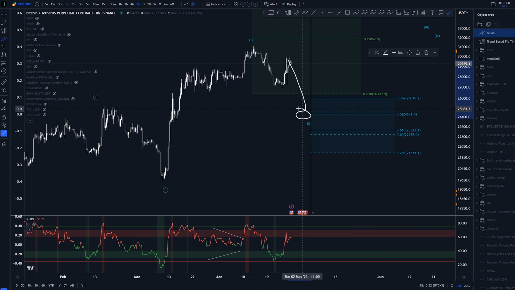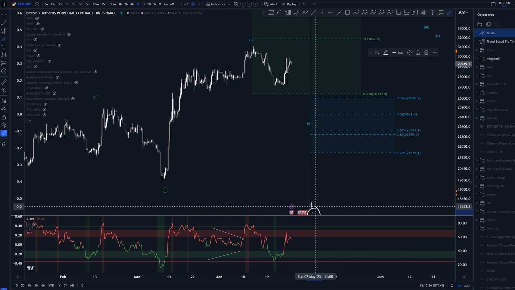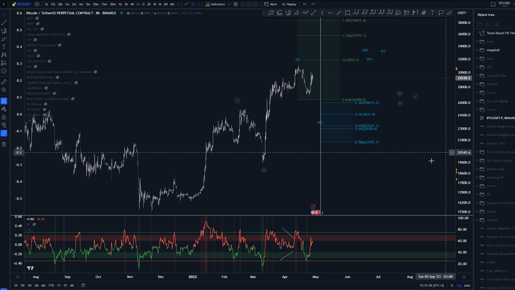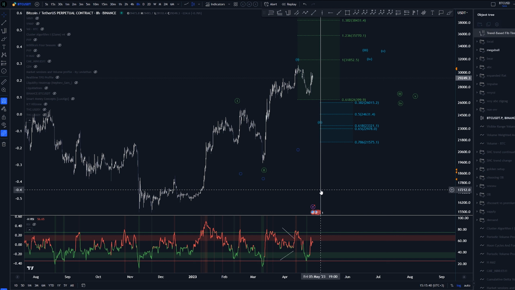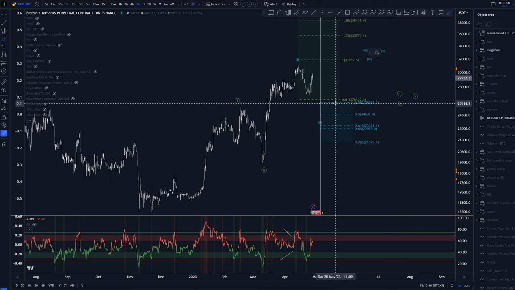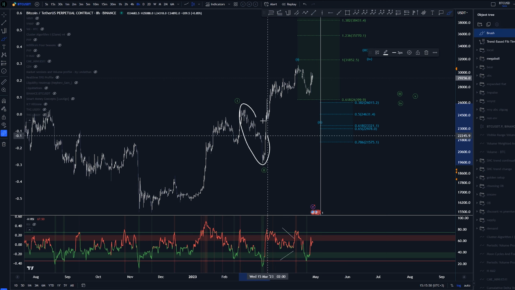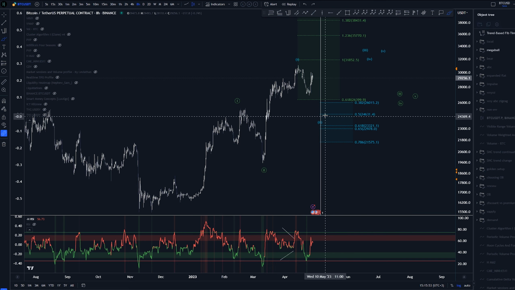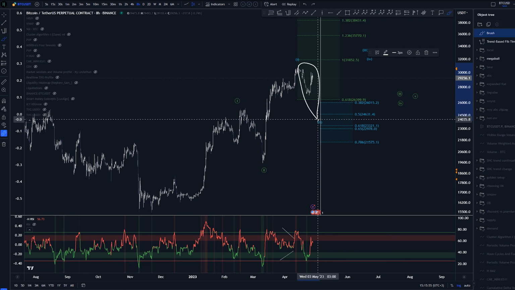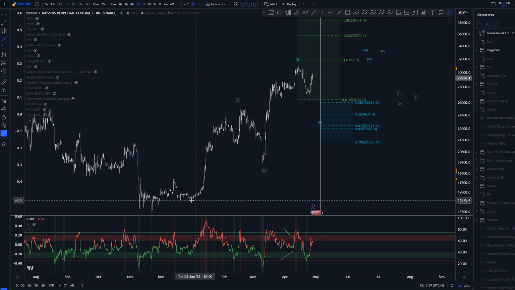This would be the best scenario here, that we are going to be getting some kind of leg down here very soon before the 1-to-1 extension is over. Once and if we are going to be hitting this 1-to-1 here, which is the 5th of May, that is going to be determining our bias afterwards, which is not really the case because generally the higher degree wave 2s don't take longer than the smaller degree ones. But as mentioned, this was very shallow.